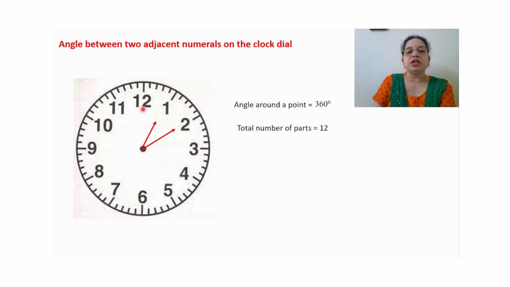So the angle between any two adjacent numbers will be 360 divided by 12. Just divide this, you will get 30 degree. It means the angle between 1 and 2 is 30 degree. Angle between 5 and 6 will be 30 degree. Angle between 8 and 9 will be 30 degree.